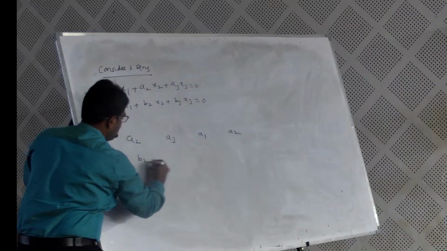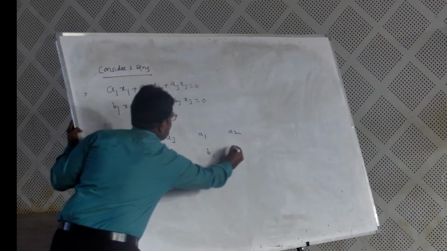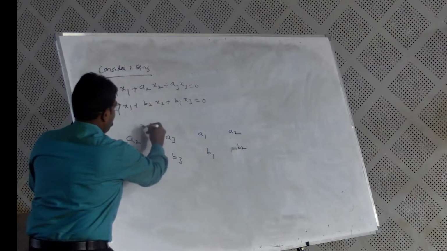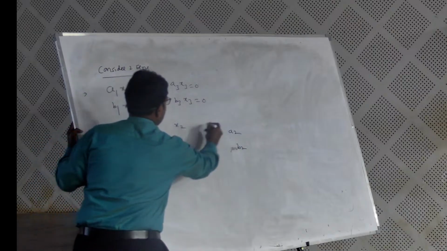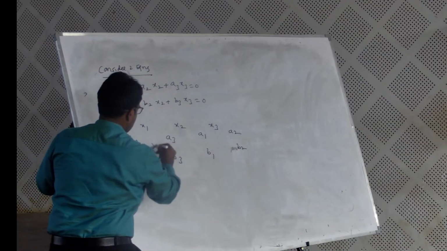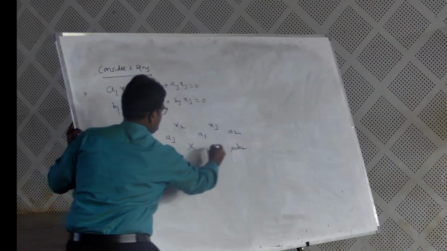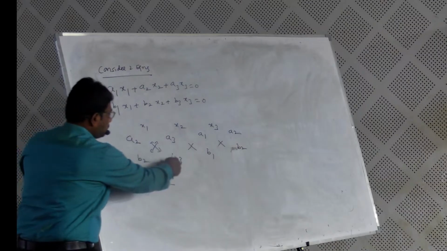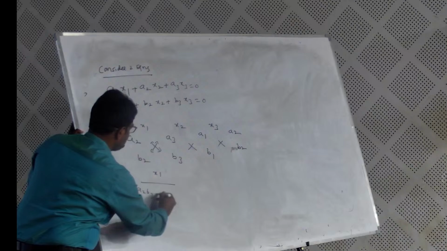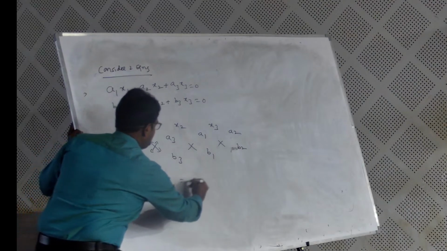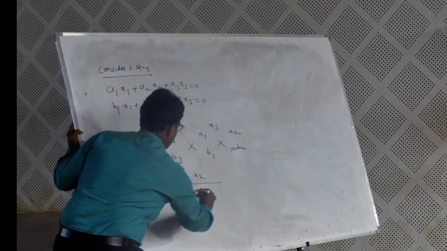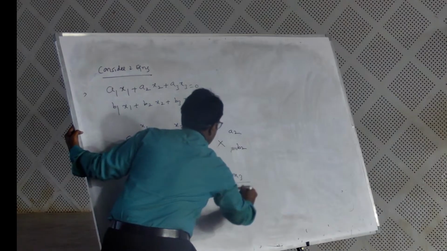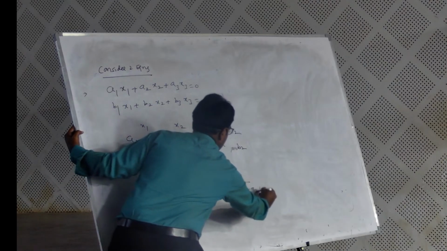Similarly, b1, b2, b3. Now x1 by, what is the product of these two, minus, equal to a3 b1 by.